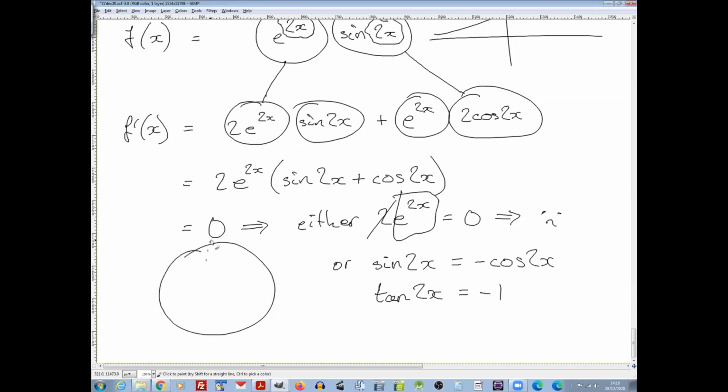In which case, where are we on the unit circle? Remember, the vertical axis is sine, the horizontal axis is cos. What's tan then? Tan is the hypotenuse over adjacent.